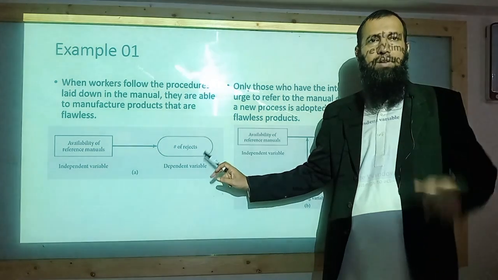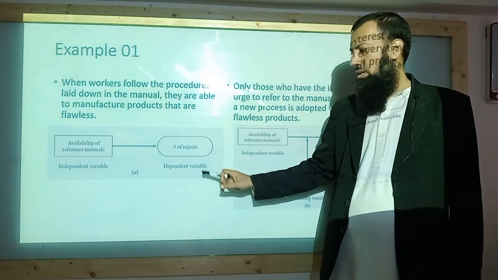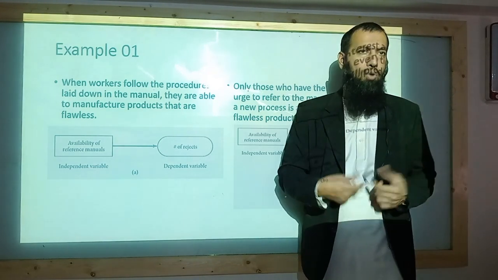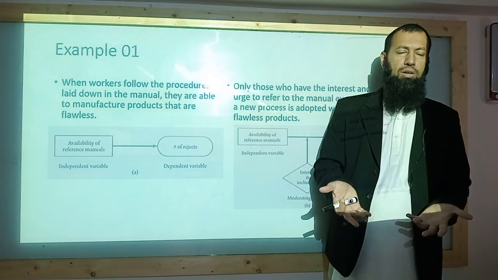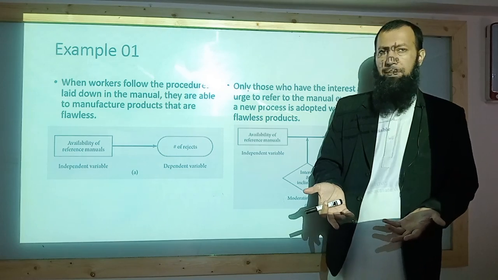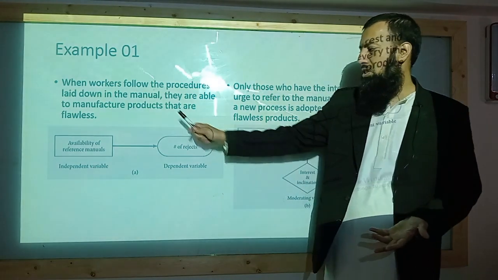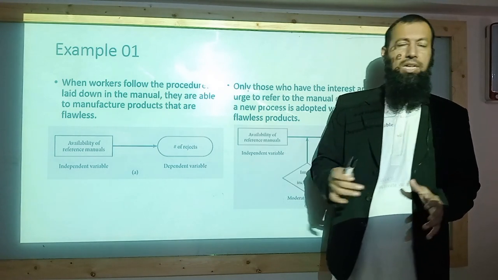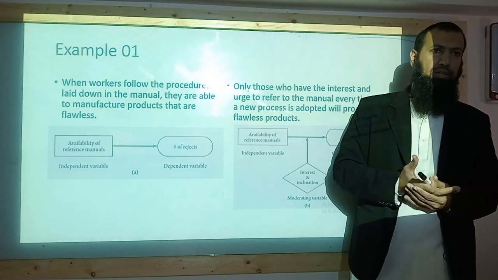Flawless means number of rejects are low; when we say flawless, there is no flaw in the products. It means there is no rejection in the outcome, in the output.